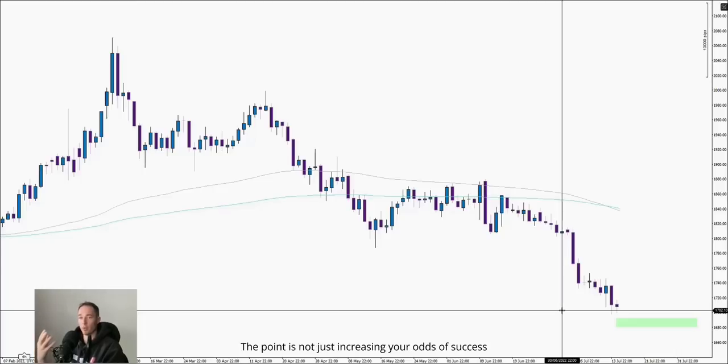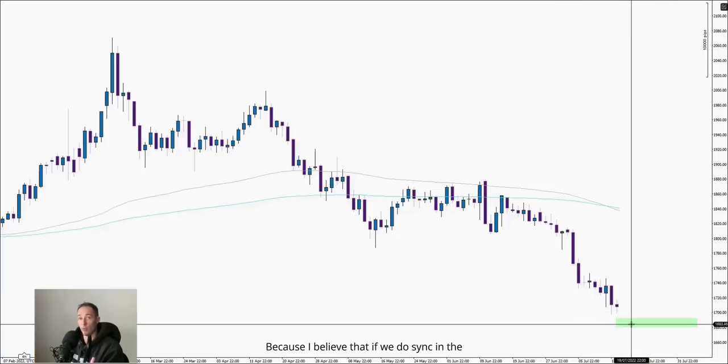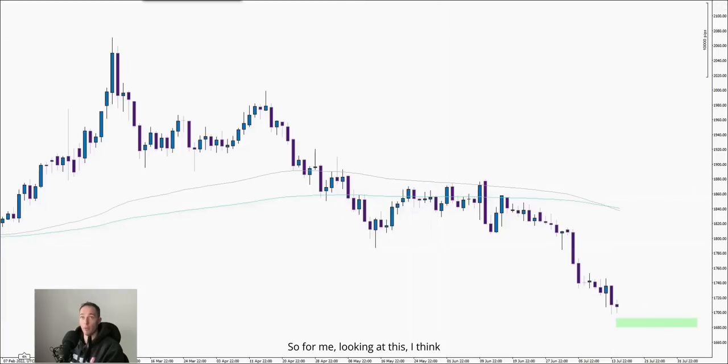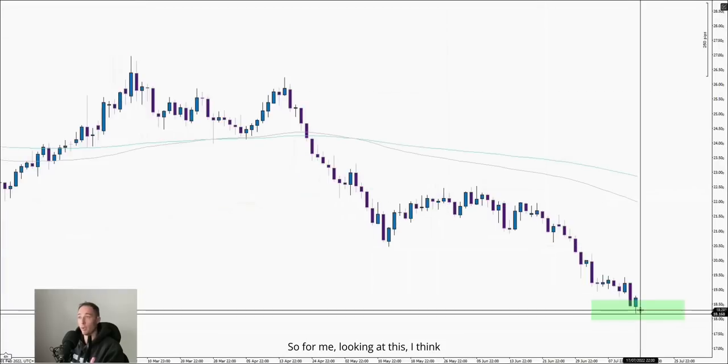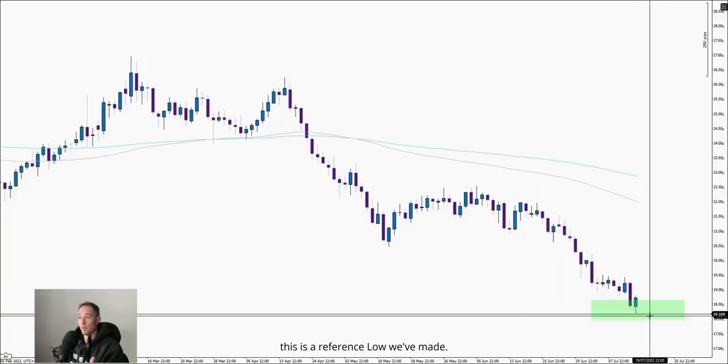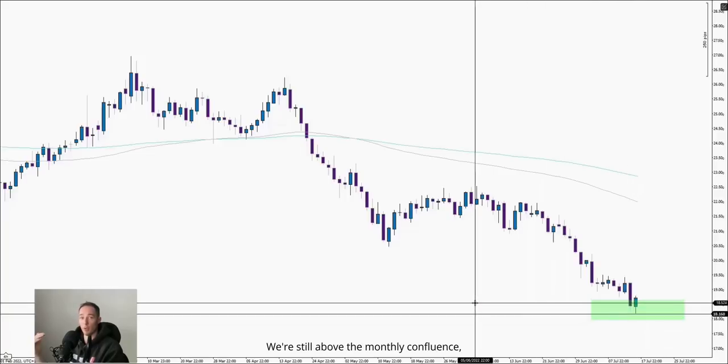The point is just increasing your odds of success for this specific trade, but giving you the confidence of a longer term play, which I believe we will get. So looking at this, I think this is a reference low we've made. We're still above the monthly confluence.